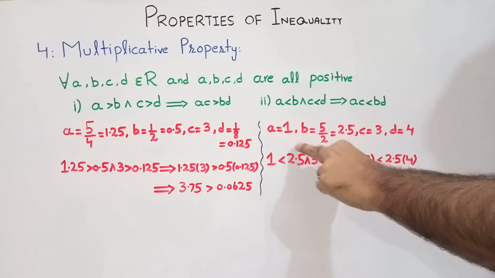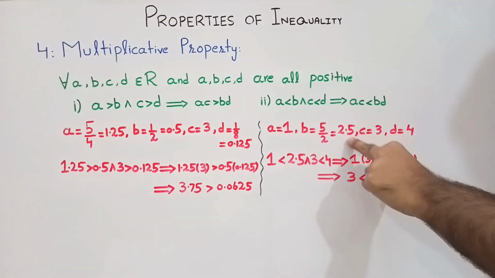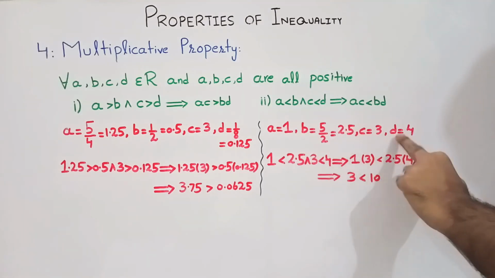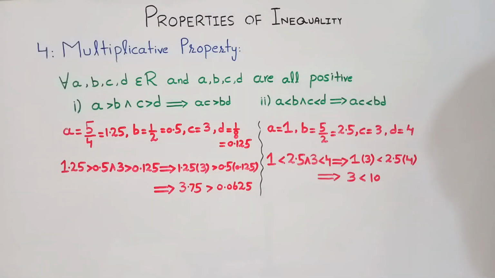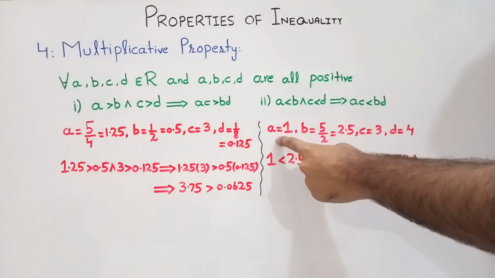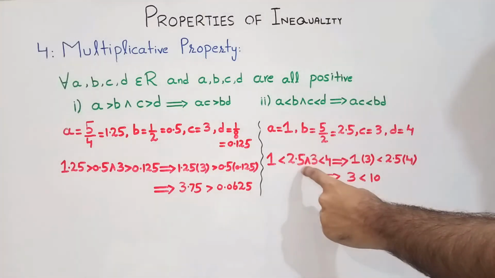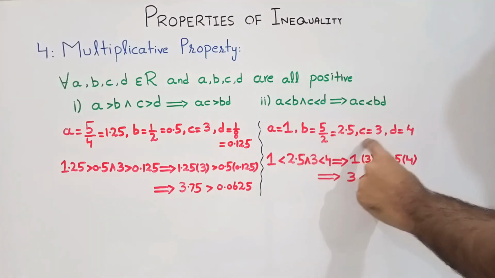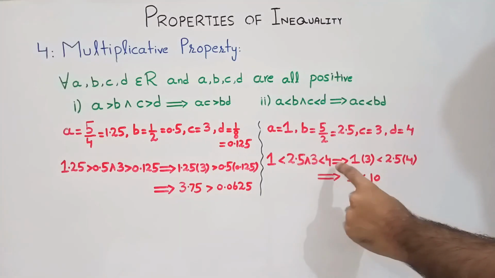A is equal to 1, B is equal to 2.5, C is equal to 3, and D is equal to 4. By looking at these numbers, we can say A is less than B as 1 is less than 2.5 and C is less than D as 3 is less than 4.